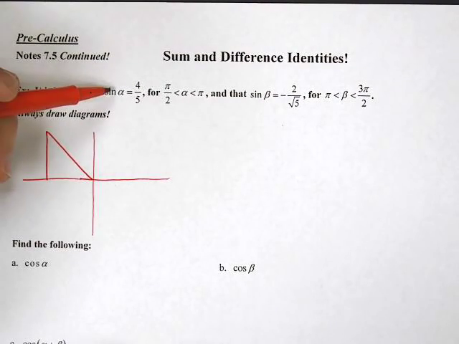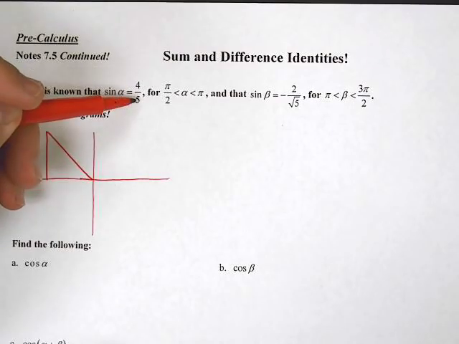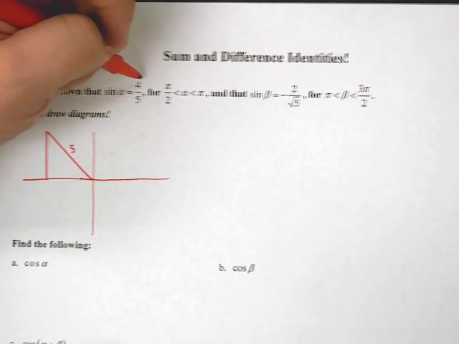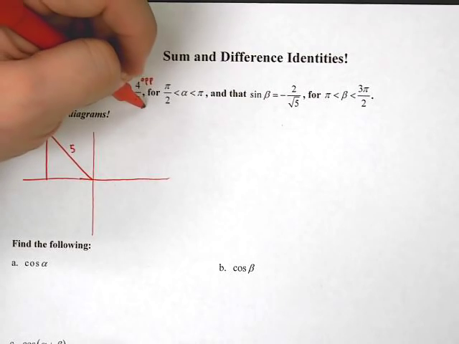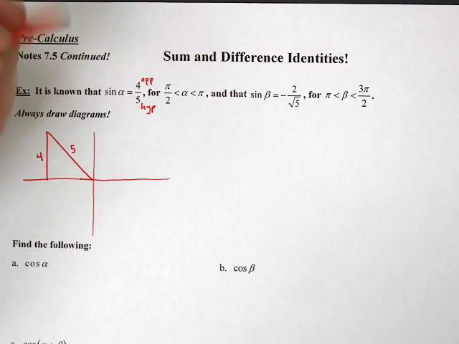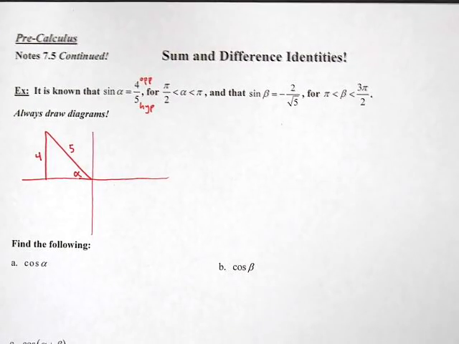I know that sine is opposite over hypotenuse, so 5 will be the hypotenuse. Actually, let me just write that so we remember. I know that 4 must be my y value. And actually I should draw this, so alpha's right there.